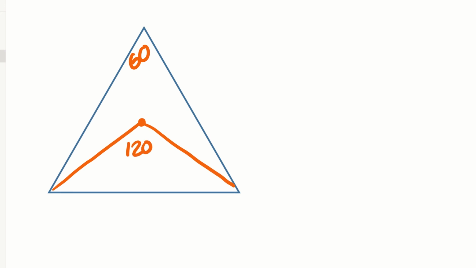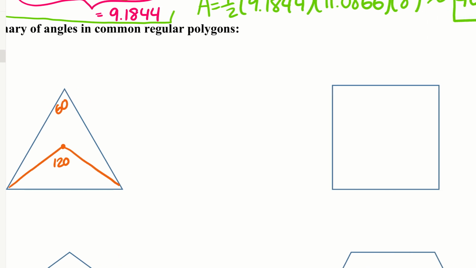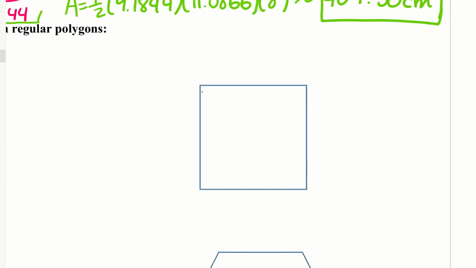So I've got a vertex of 60 and a central angle of 120. Looking at my square, I have vertices of 90 degrees, and then my central angle in a square is going to be 360 divided by 4, which is also 90 degrees.